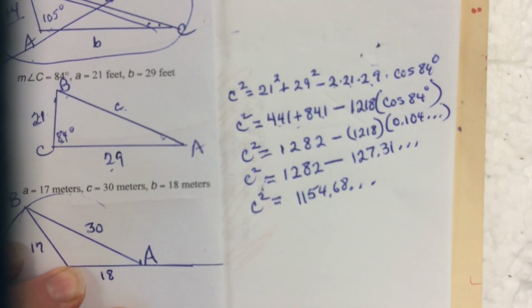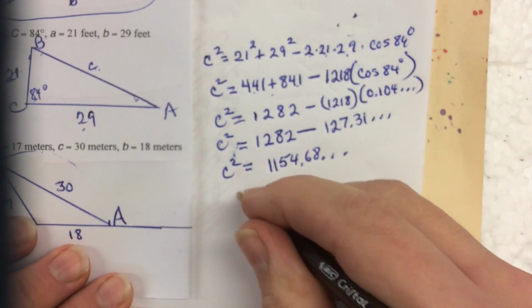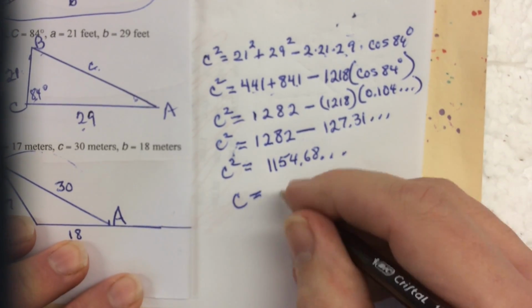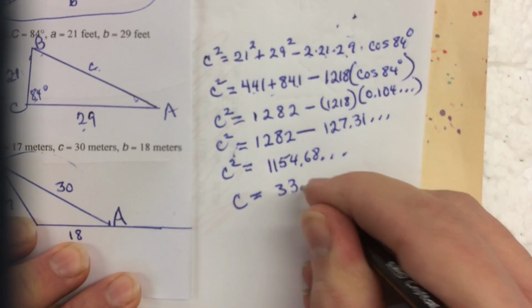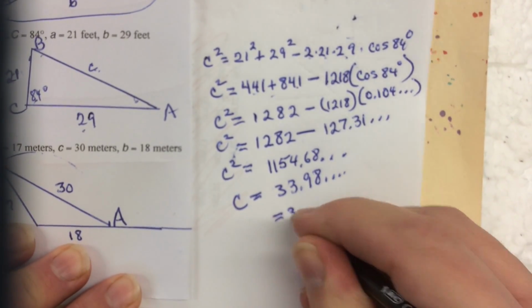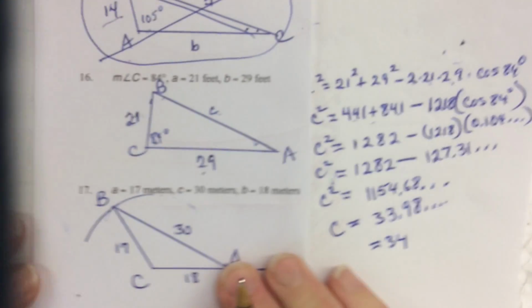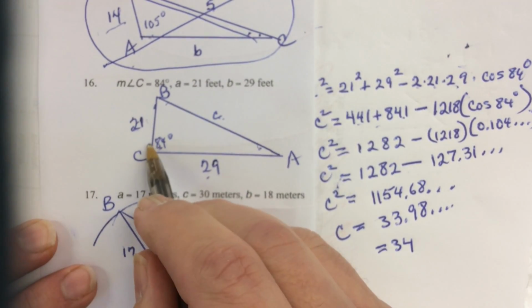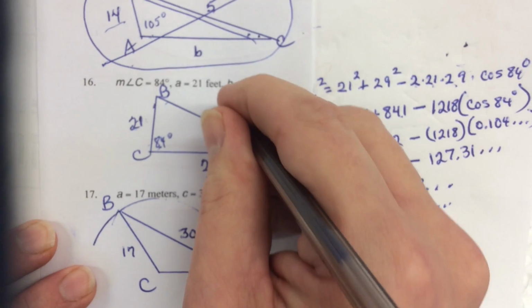It's still c squared. If you take the square root of c, you get 33.98 something. That's going to be 34. And so going back over here, this side over here is going to be 34.